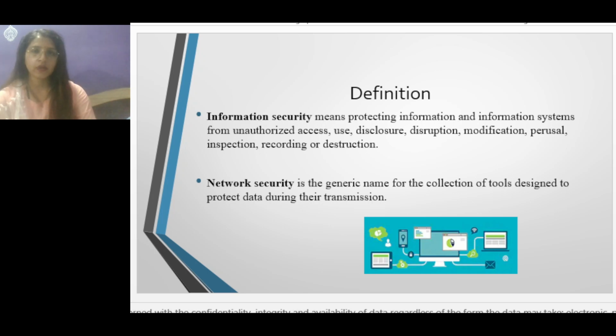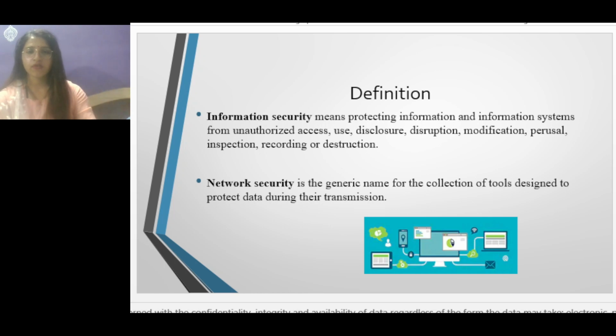What is network security? The data from the information system is passed to another system via the network. So over here, it consists of the collection of tools which are designed to protect data during the transmission. In network security, you are going to protect your data during the transmission. And in information security, you are going to protect it from unauthorized access.